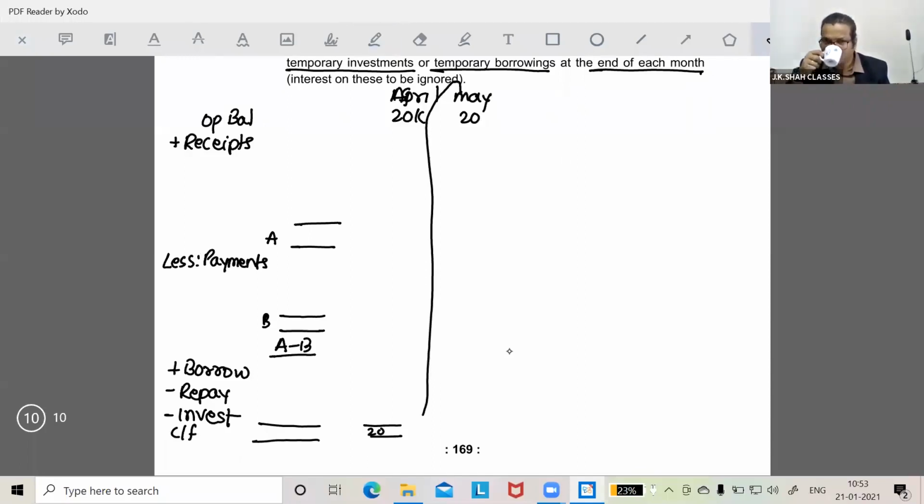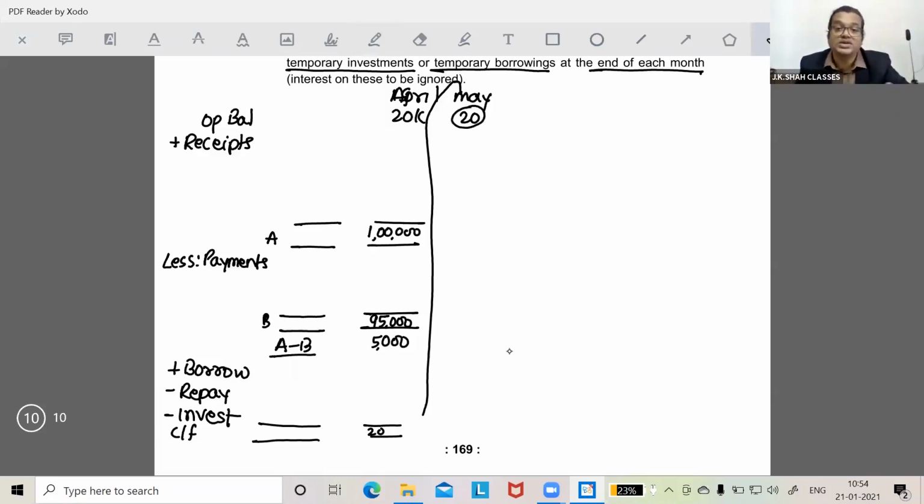Minimum balance. So how, sir? Okay, see. Suppose the total of my A is 1 lakh. Let's say the total of B is say 95,000. So A is 1 lakh, B is 95. So what will be the left out amount? A minus B would be 5,000. But it is in the minds of the management that whatever happens, next month opening should be 20.